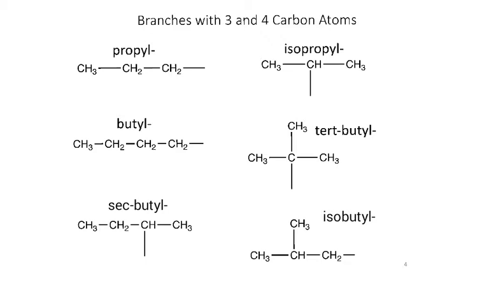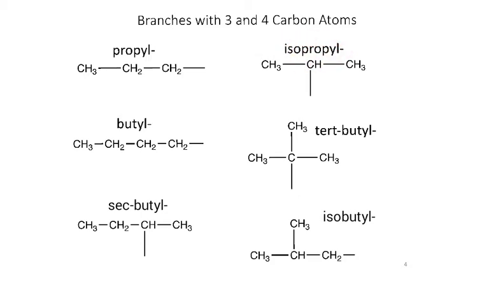When we have alkyl groups of 3 or more carbon atoms, we have multiple possibilities. And so we have to give them different names to distinguish them from one another. In the case of a 3 carbon alkyl group, we can either have a straight chain where the end carbon atom is attached to the base chain, in which case we call that a propyl group. Or again, we've got the 3 in a straight line, but we're connecting through the middle carbon atom, in which case it's an isopropyl group.